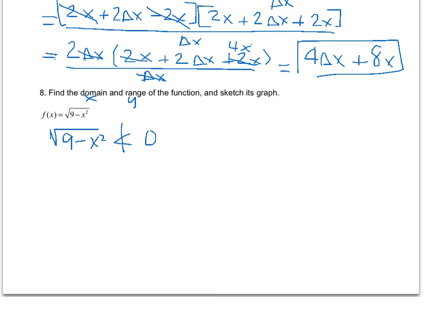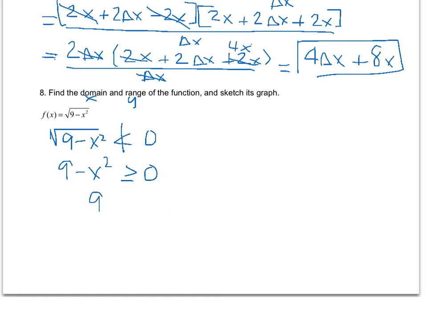You just can't take the square root of negative numbers, so that is not going to be the case. So you want to keep what's underneath that radical sign greater than or equal to 0 at all times. So if we manipulate this, now we're in an Algebra 1 problem.